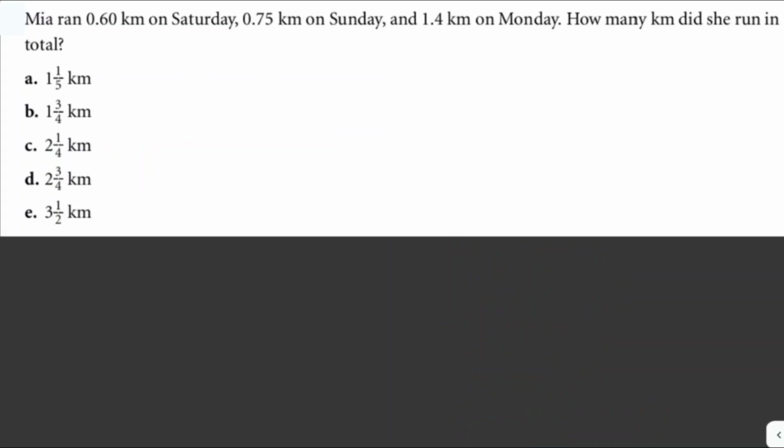Mia ran 0.6 kilometer on Saturday, 0.75 kilometer on Sunday, and 1.4 kilometers on Monday. How many kilometers did she run in total? Oh, this is very simple. We just have to add up everything. Adding up the individual distances, we can get the total distance.